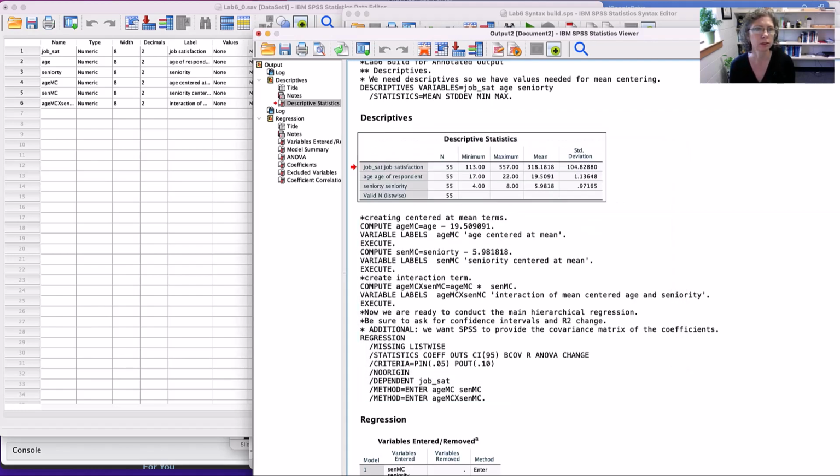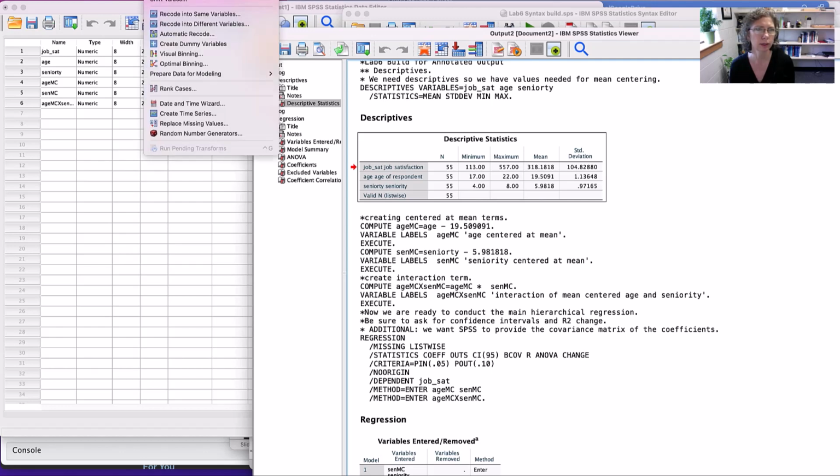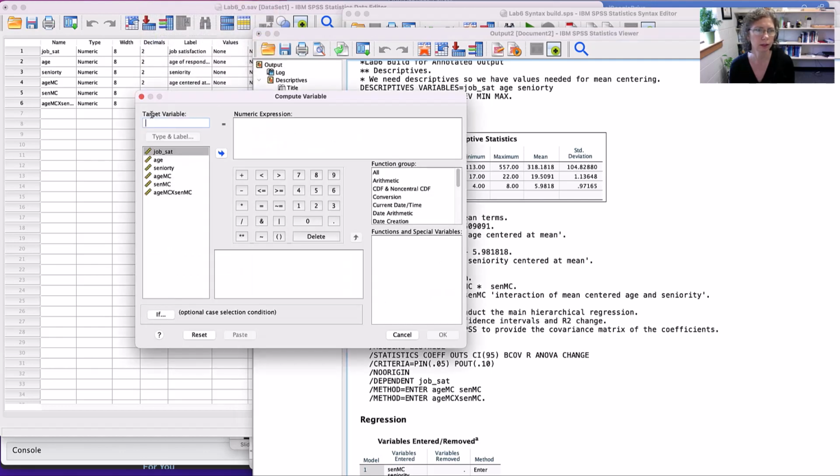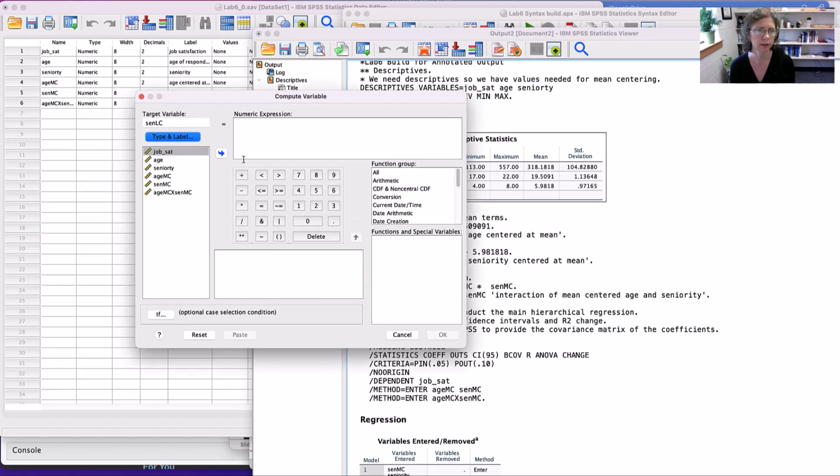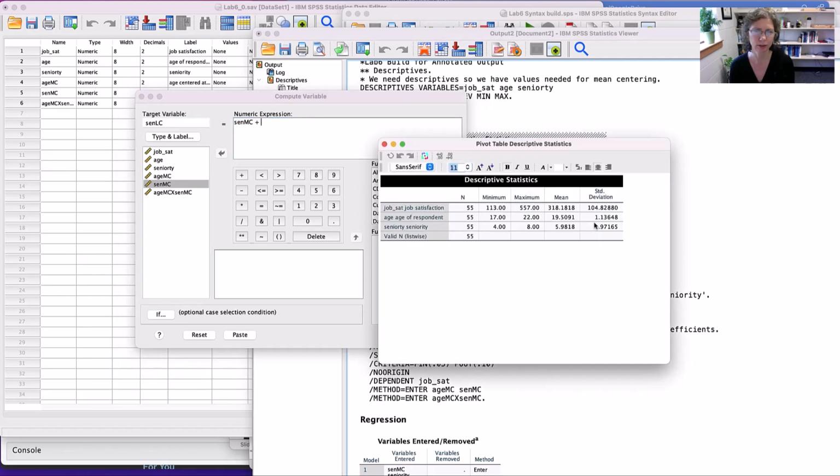Okay, so I'm going to transform and compute variable. I'm going to call this one SEN low centered, and for the label, spell it out to yourself so that when you get it in the output, you know which one it is. It's going to be seniority at average. I want low centered, so I'm adding the standard deviation for seniority.